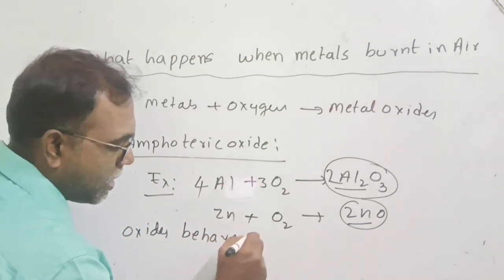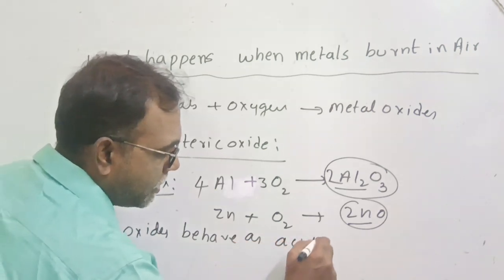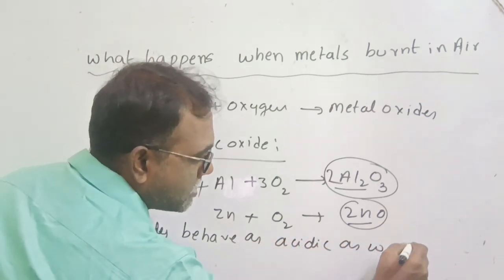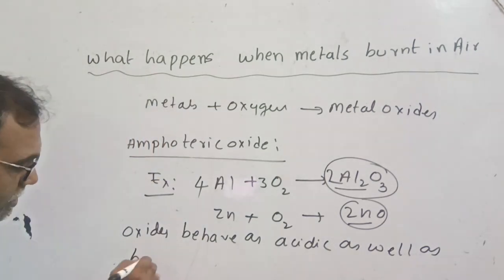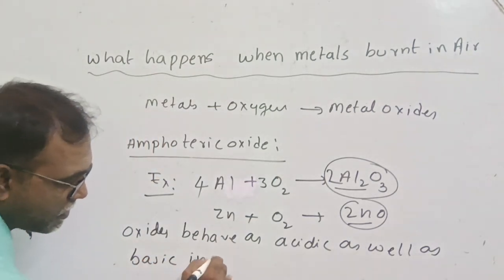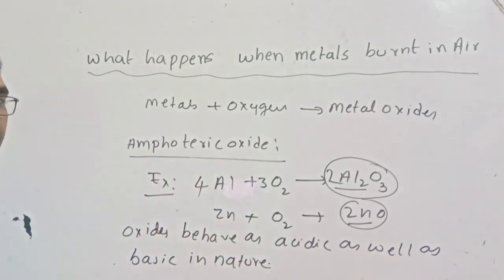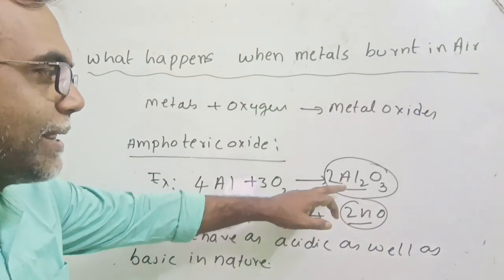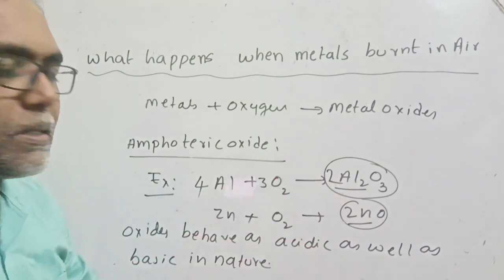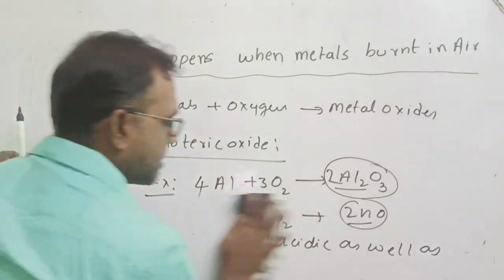Now, how do these amphoteric oxides react with acids and bases? Let us see with examples.